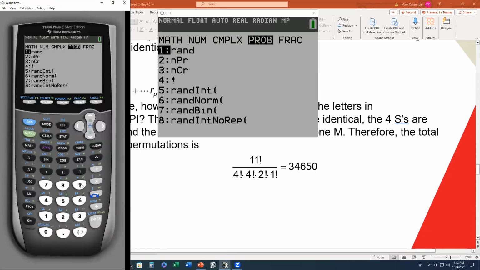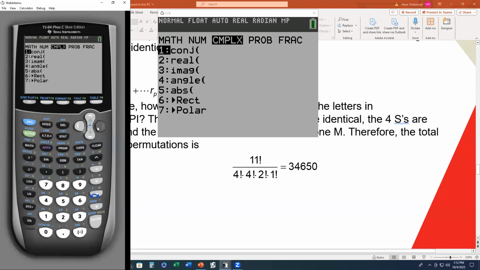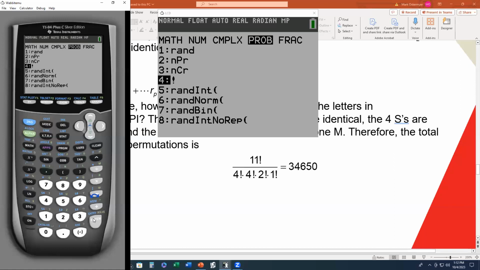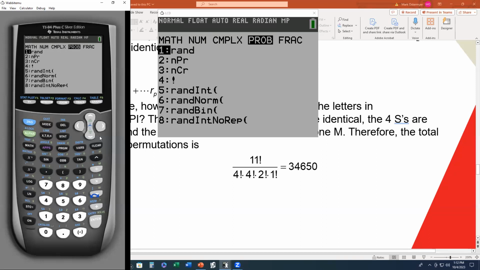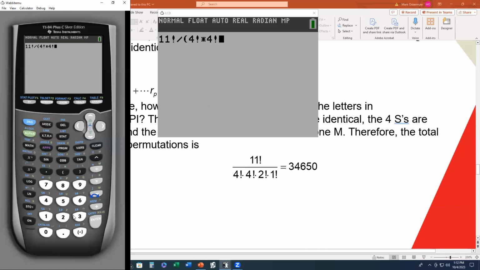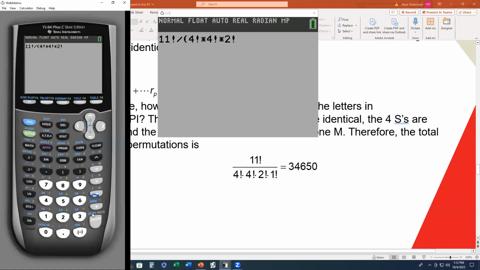So math, probability, function number 4 here. 11 factorial divided by, in a set of parentheses, I'm going to put 4 factorial. 4 math probability factorial times 4 factorial, 4 math probability function number 4, times 2 factorial, 2 math probability factorial function.